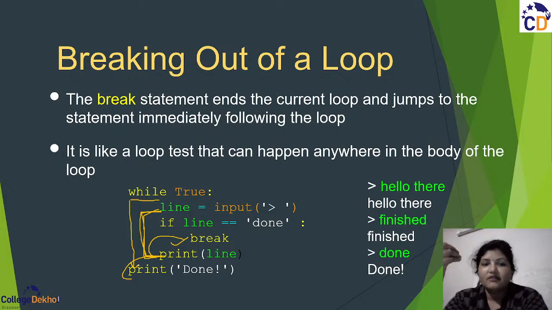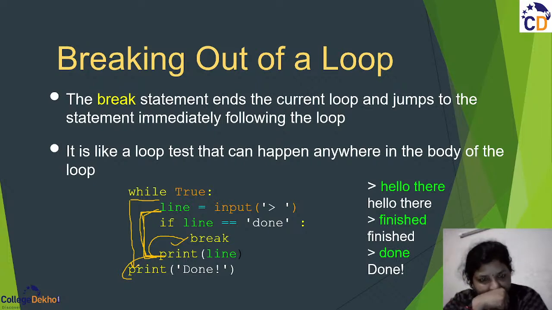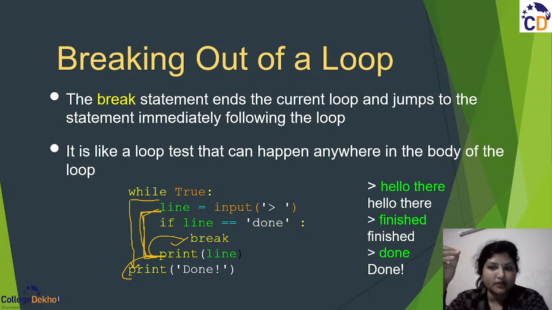Let us see while True. While True means whenever the value is true, what is going to happen? Line is equal to input.